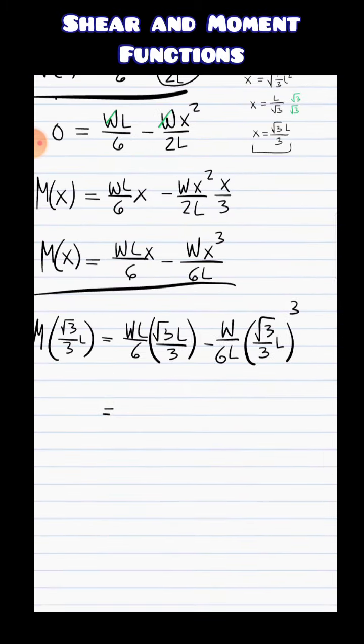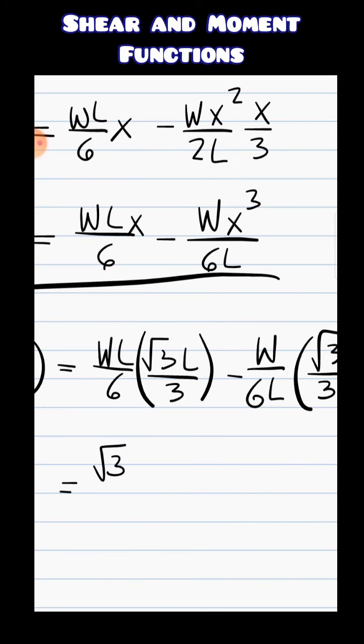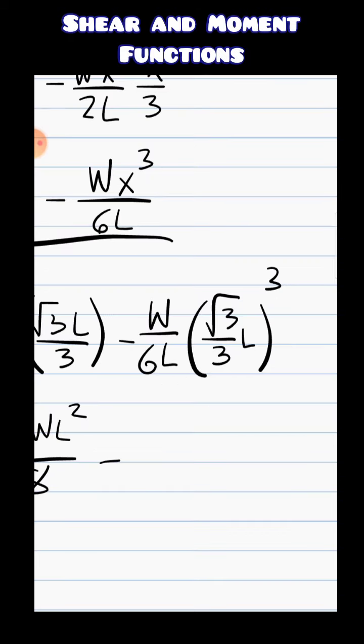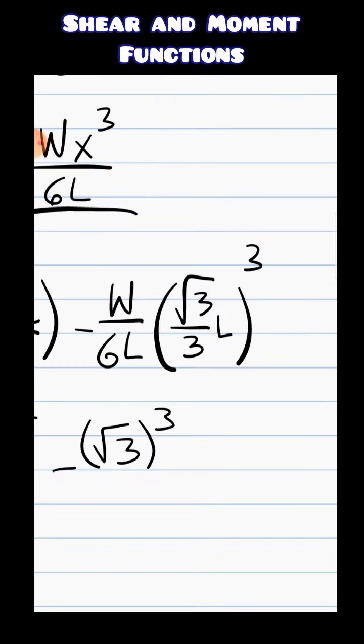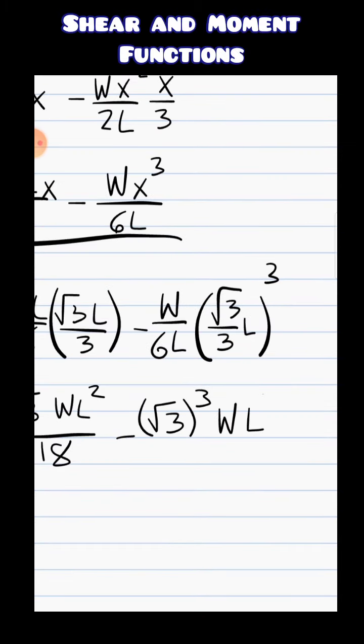And simplifying it, for this one we have square root of 3 WL squared over 18, since 6 times 3 is 18. While here we have square root of 3 raised to the third power times W, and also L cubed.